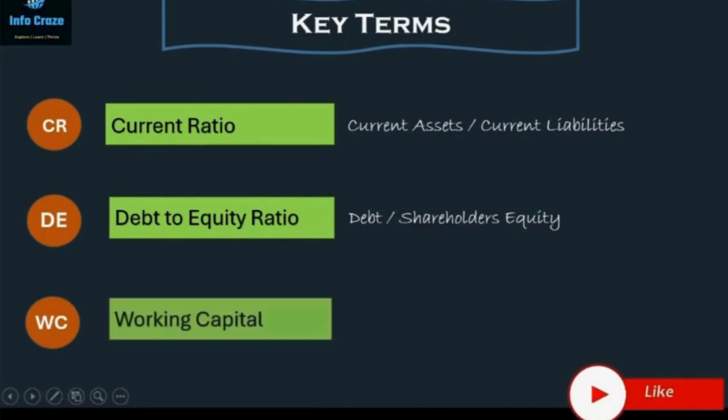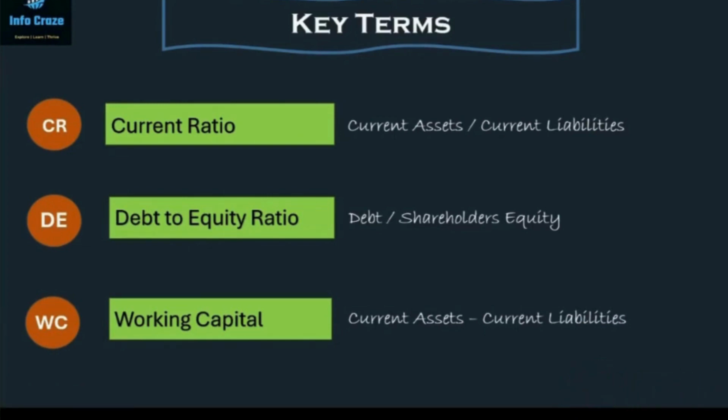Third, what we are going to understand is the working capital. It is calculated as current assets minus current liabilities. Working capital indicates a company's ability to cover its short-term obligations. It helps to plan for future needs and ensure the company has enough cash and cash equivalents to meet the short-term obligations.